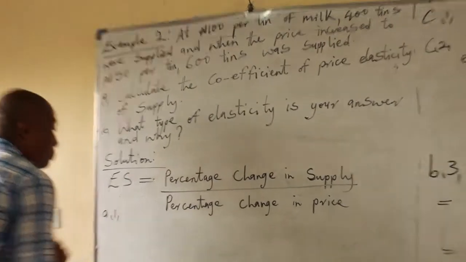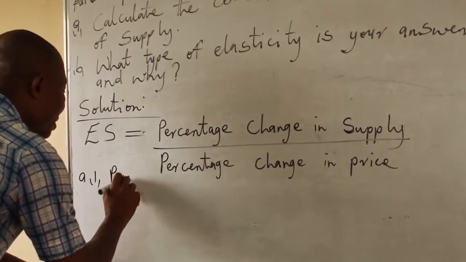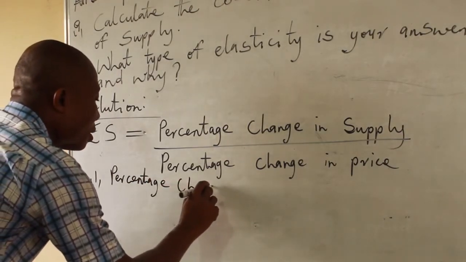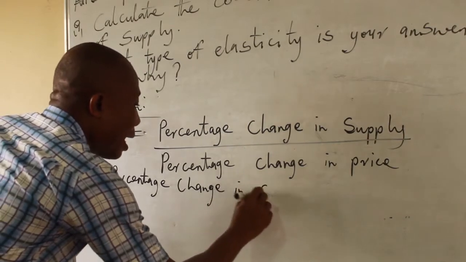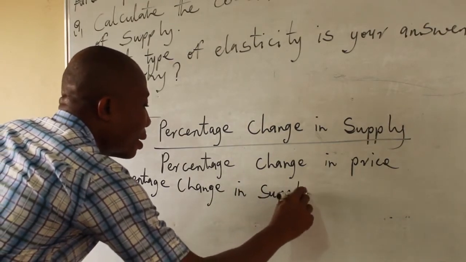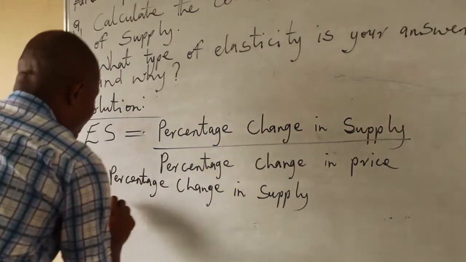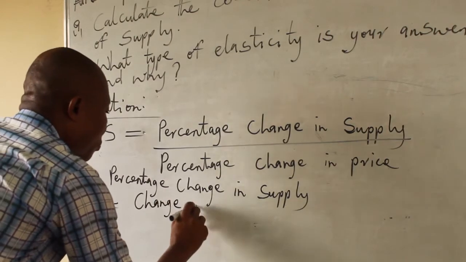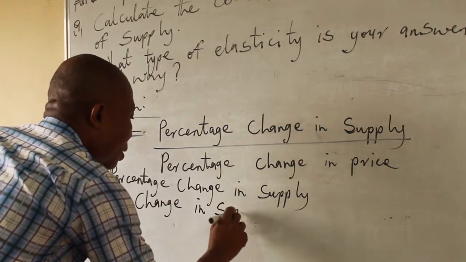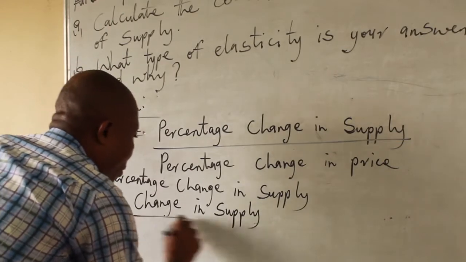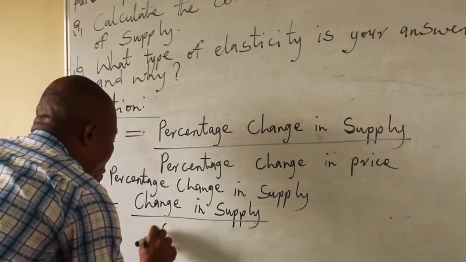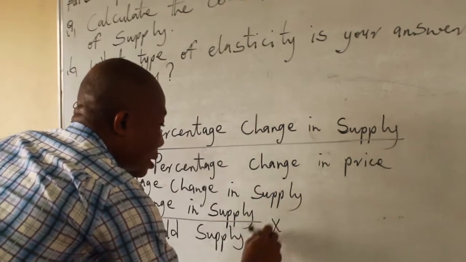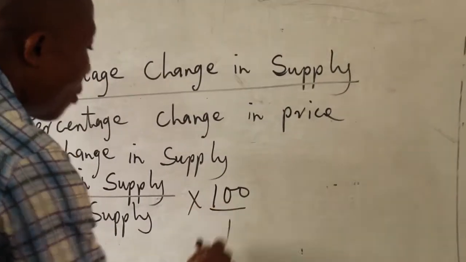A1, percentage change in supply, will be equal to change in supply over old supply times 100 over 1.